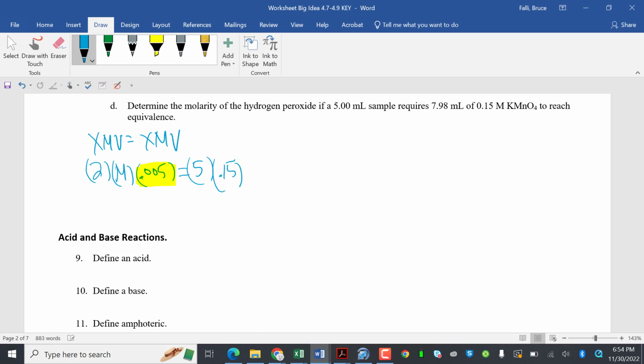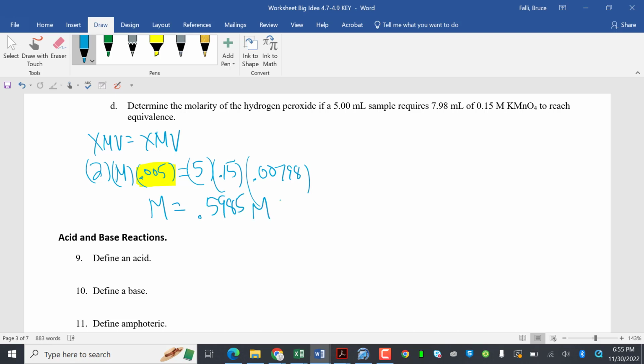And the volume used is 0.00798. So my molarity is 5 times 0.15 times 0.00798 divided by 2 divided by 0.005, and that's 0.5985.